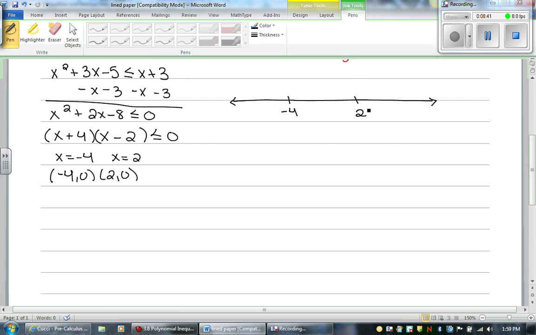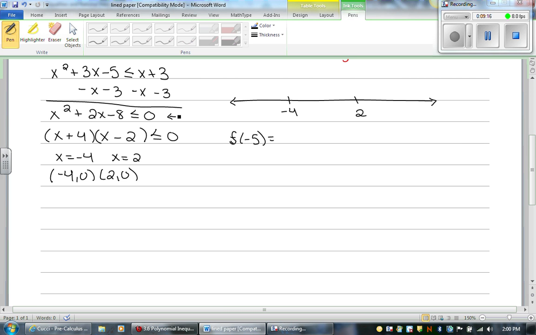And now we're going to see where the function is positive and negative by doing test values. So let's try a value of negative 5. Negative 5 squared is 25. Negative 5 times 2 is negative 10.